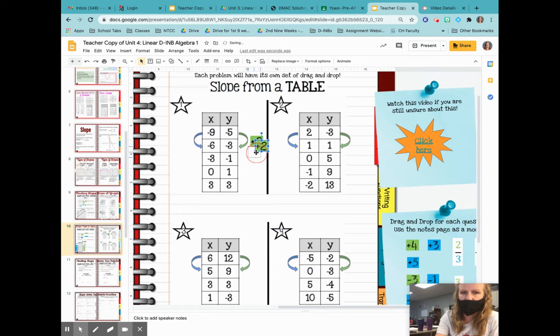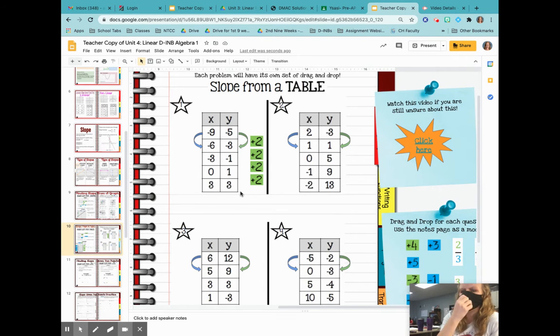I'm just going to put that right there. -1 to +1, +2. And from 1 to 3. There we go. So each of these is a +2.